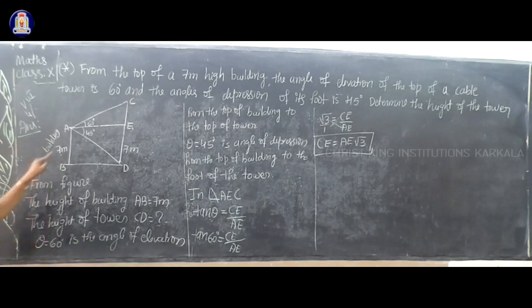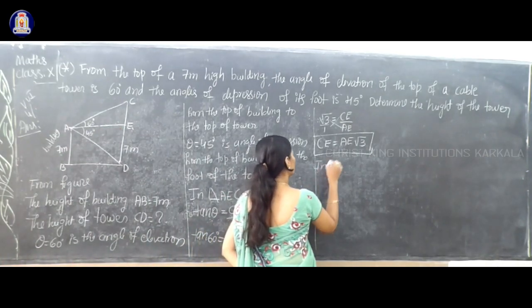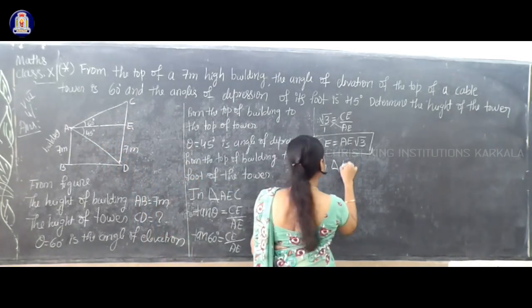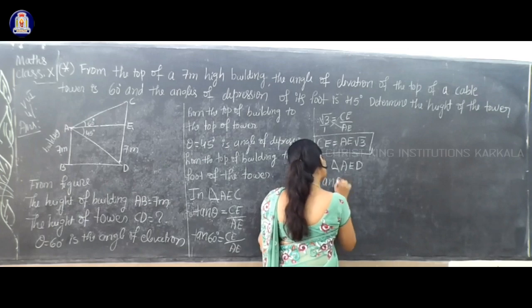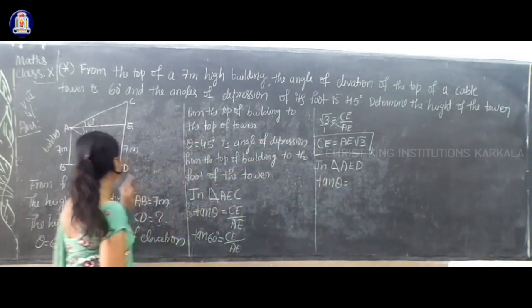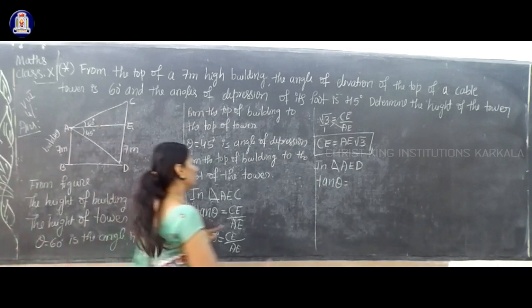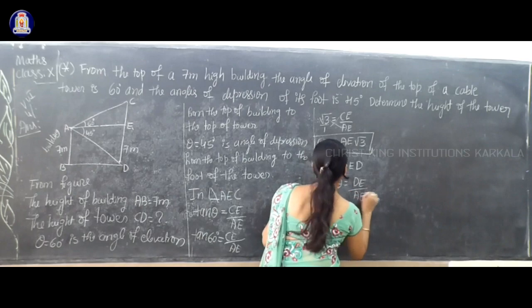Now next with respect to this 45 degree. Consider triangle AED. So again tan theta is equal to what? This is theta, opposite side and adjacent side, that is DE divided by AE.